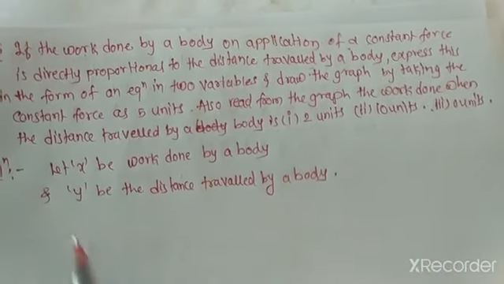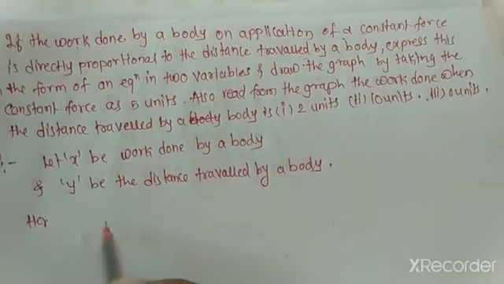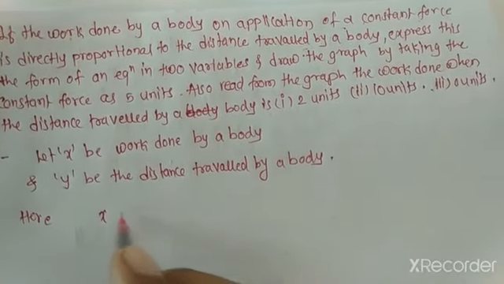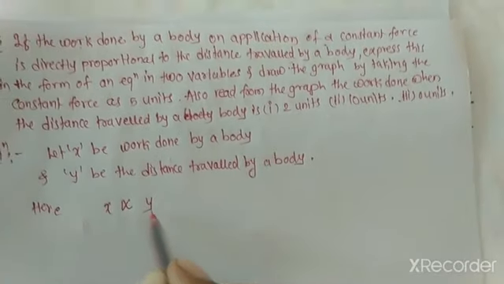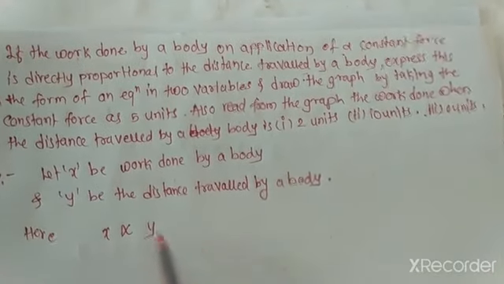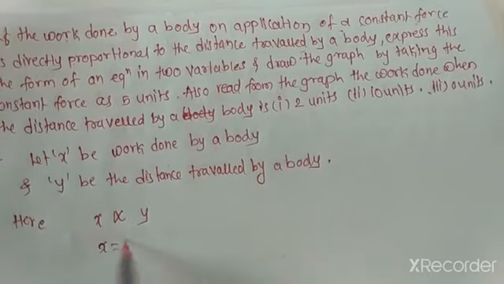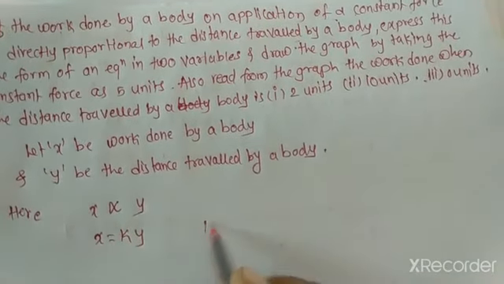Okay, now here x is directly proportional to y. Now you know that when x is directly proportional to y, it can be written as x is equal to ky, where k is any constant.